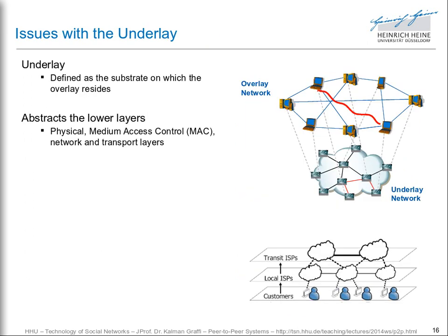So now we come to the issues with the underlay. So the underlay is everything below the overlay and abstracts the lower layer levels, like the physical layer, the MAC layer, the network, and transport layers.